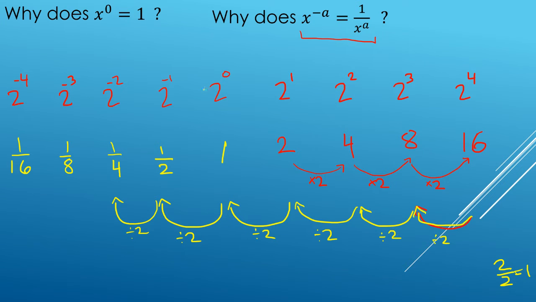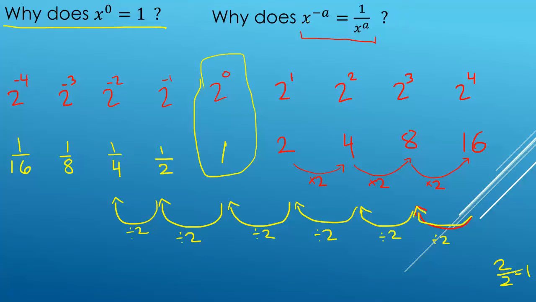I did this list with 2's, but if we had done it with 3's or powers of 4 or 5 or whatever, anytime we go from the first power to the 0 power, we're dividing by the base. So it's always going to be the base divided by the base, and that gives you 1. So anything to the 0 power is 1 for that 0 exponent rule.